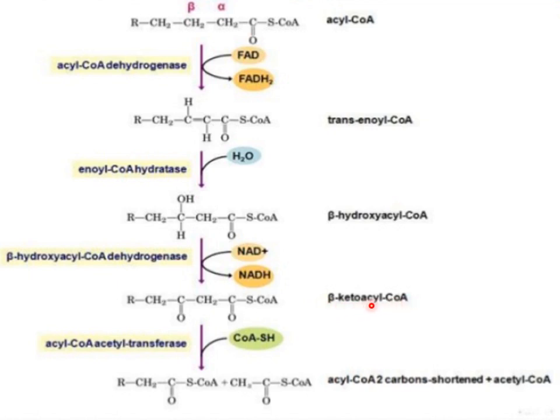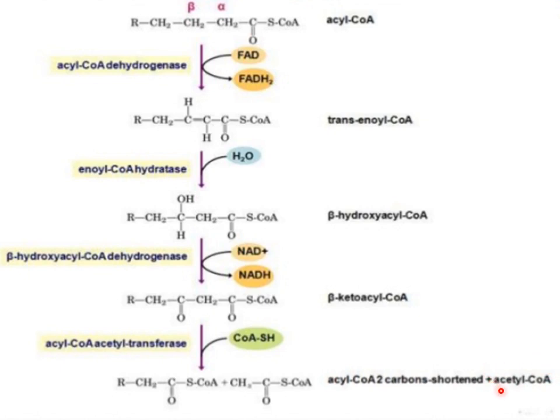And this beta-ketoacyl CoA, after the action of the thiolase enzyme, which is called acyl CoA acetyltransferase, is converted into the products acyl CoA plus acetyl CoA, and this acetyl CoA enters the Krebs cycle in the mitochondria.